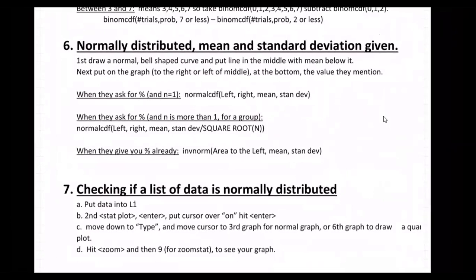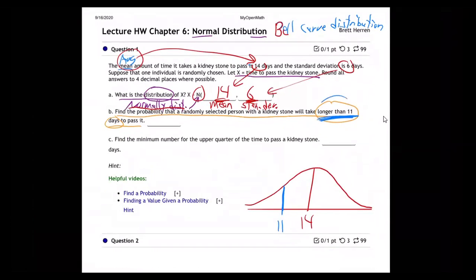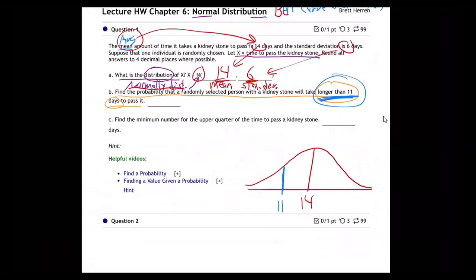And then we come on down to figure, what did they say? They said longer than 11. Longer. So where are the numbers that are longer than 11? Do you realize that it's going to be all the numbers this way?